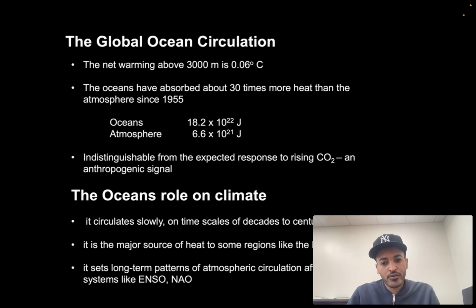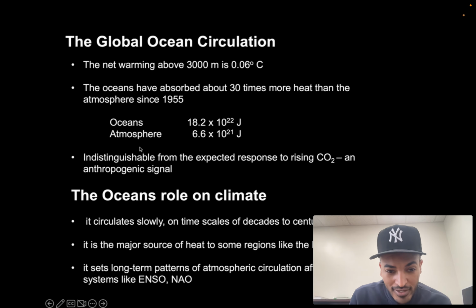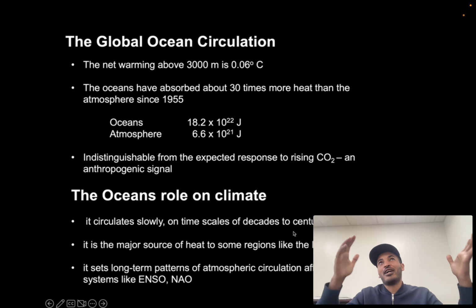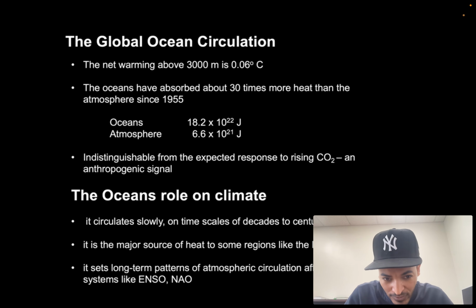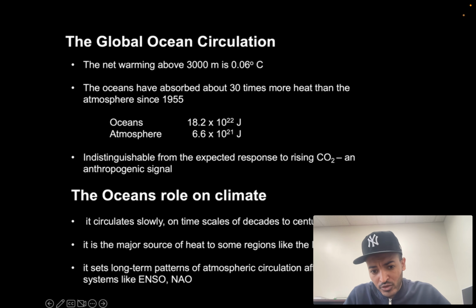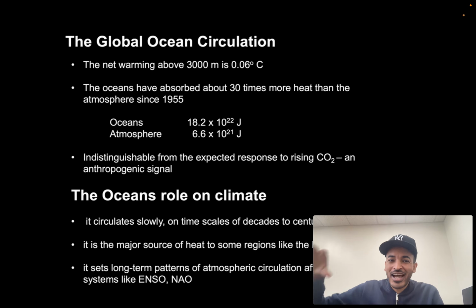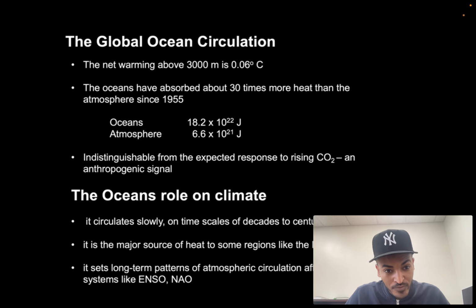And when we talk about the ocean's role in climate, the ocean circulates slowly, usually on time scales of decades to centuries, right? It's a major source of heat to some regions like the North Atlantic, but it also sets long-term patterns in atmospheric circulations, affecting climate systems not only on seasonal and interseasonal bases, as I will talk about in the next lecture, and also impacting the poles.